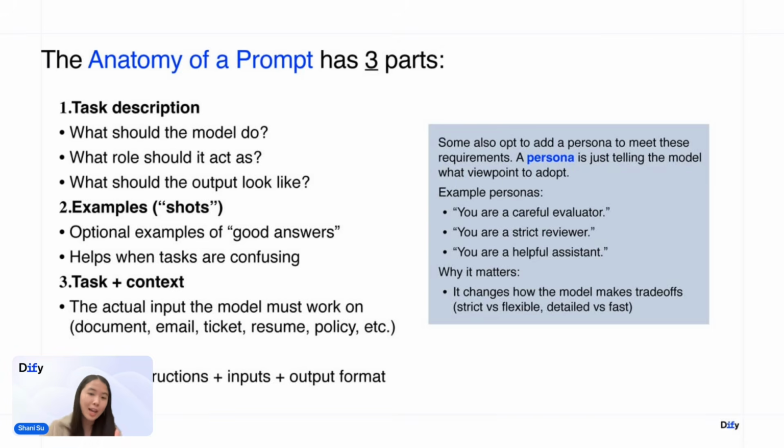The second part of the anatomy of a prompt is the examples. This is typically optional. However, examples do help determine what exactly is a good answer from an LLM. This is especially important when tasks can get very confusing.